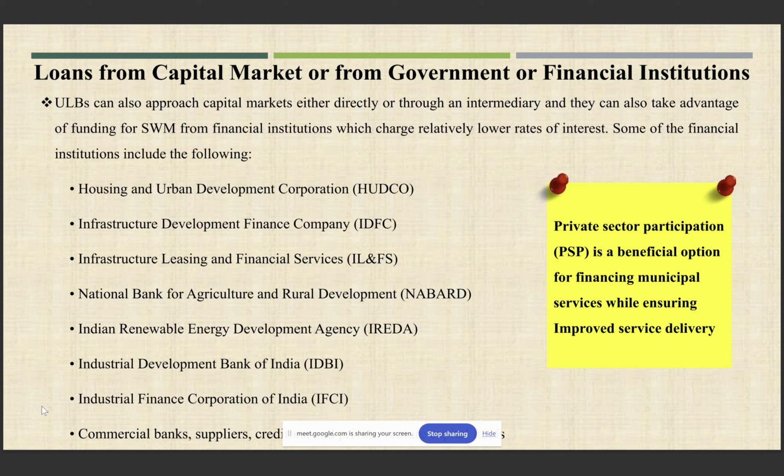For the functioning of the overall municipal solid waste management, money is required in each step. The urban local body may not have that much fund, so they can approach the state or central government, and they can also involve private partnership, because there can be proper management of the waste by involvement of the private sector.